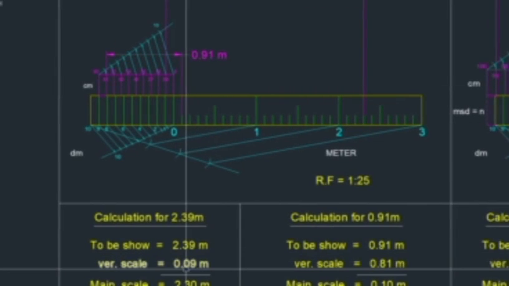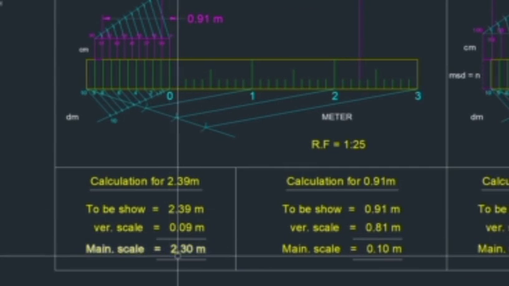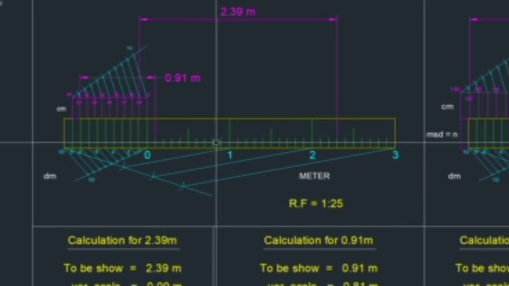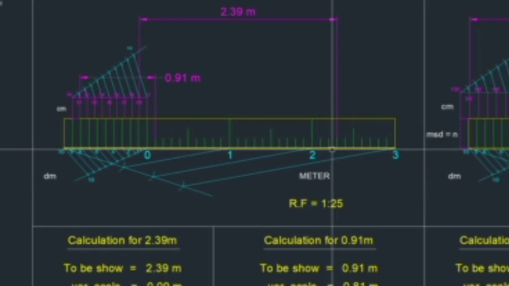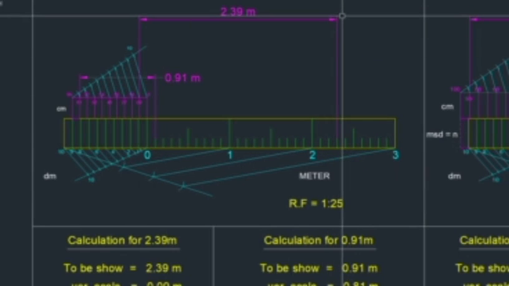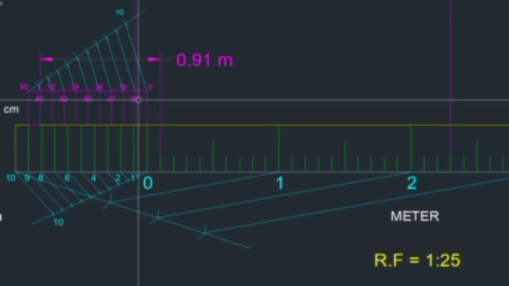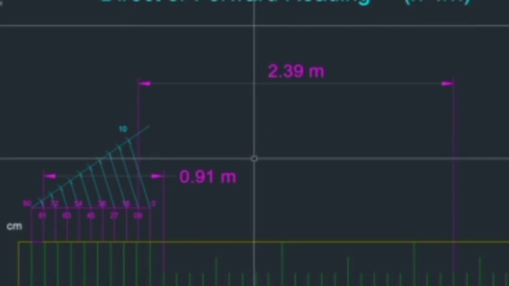So you subtract 0.09, 2.39 minus 0.09, you will get 2.30. So in the main scale, this is 2, 2.1, 2.2, 2.3. So I am taking 2.3 here and 0.09 here, first division. So in total I am marking 2.39.